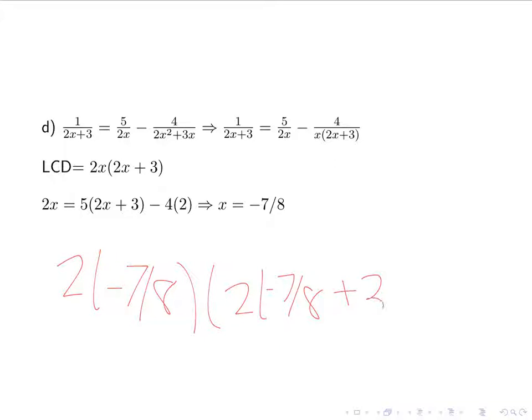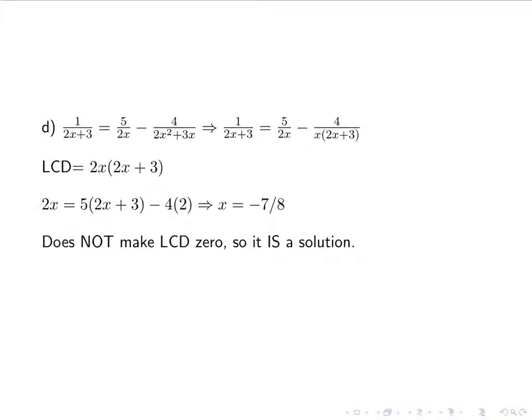So I'm going to plug it in. This is not 0, this is not 0. 2 times negative 7/8 is not negative 3, so that is also not 0. I don't care what the LCD is, I just need to know if it's 0 or not. It's not 0, so I'm good. And again, assuming I did the algebra correctly, negative 7/8 will be my solution.